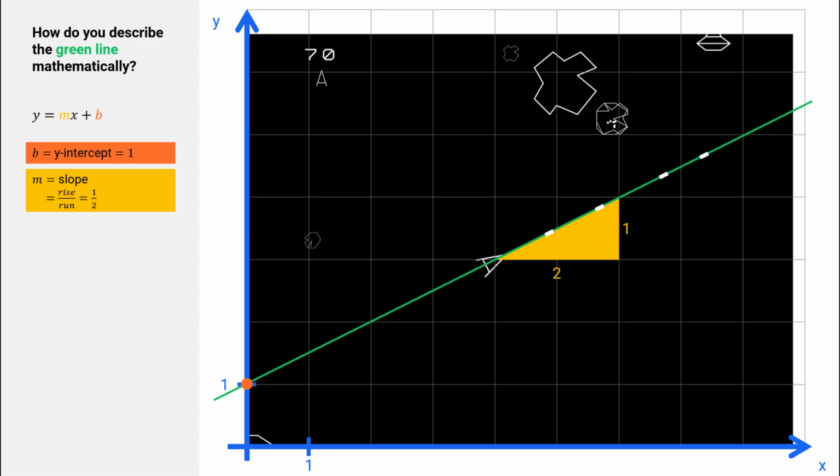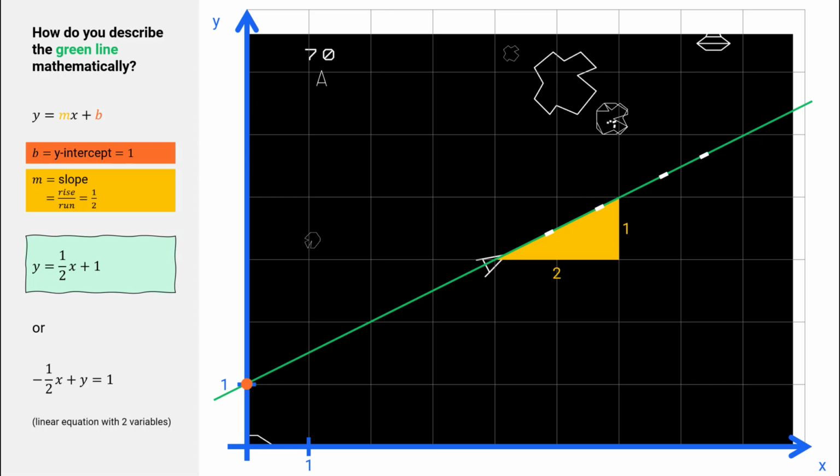And it tells you that if you go 1 unit to the right, you move up by 1/2. So, in summary, the equation of the line reads y equals 1/2 x plus 1. Or, if we move all the variables to one side, minus 1/2 x plus y equals 1.